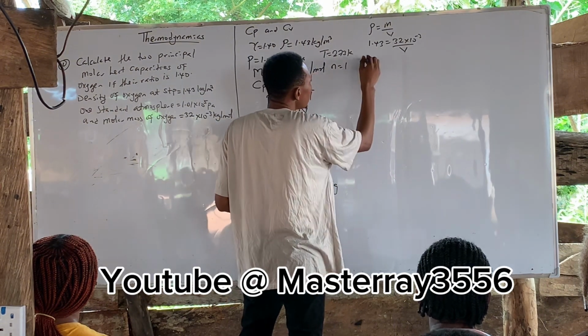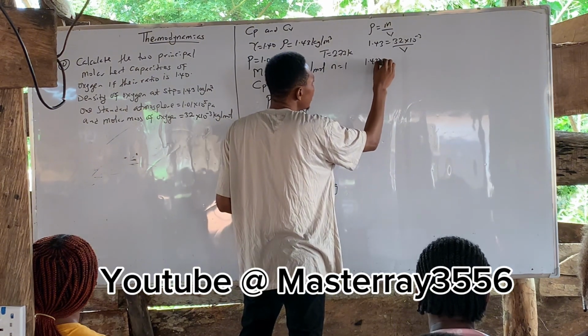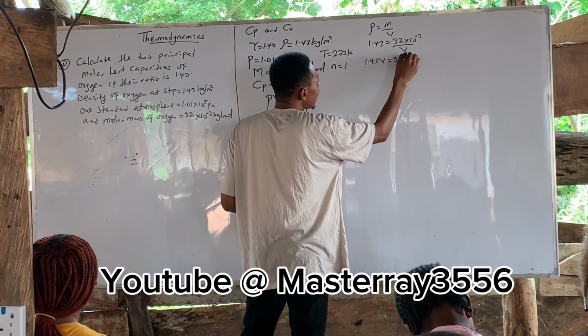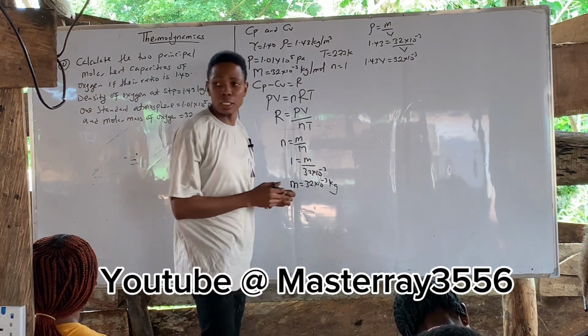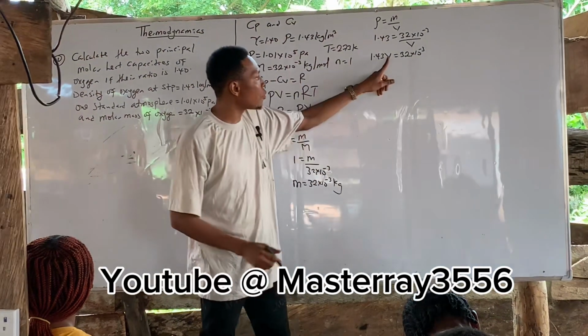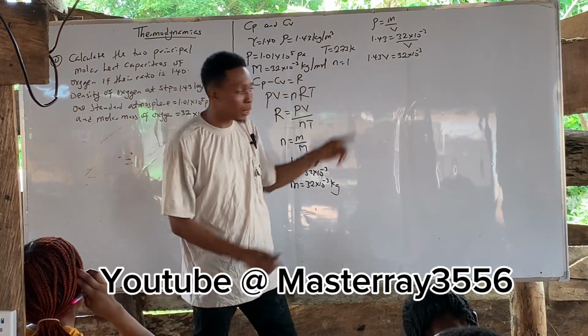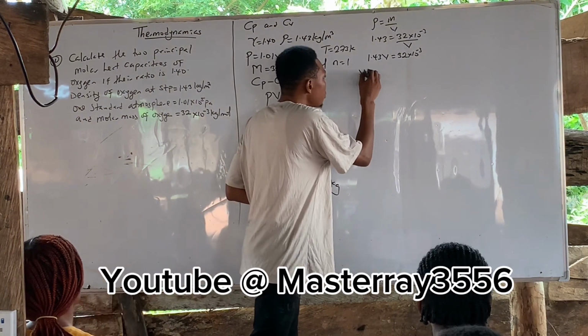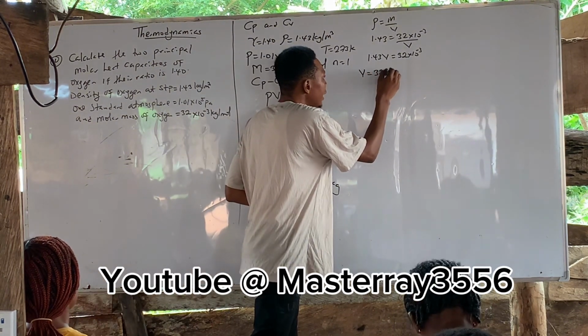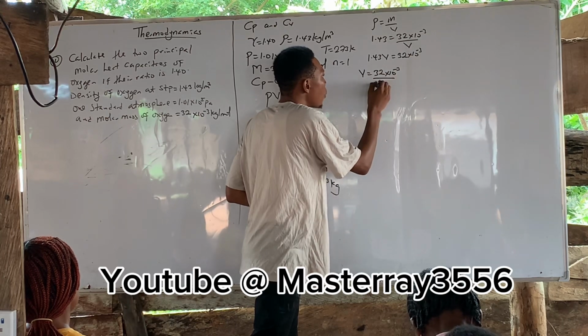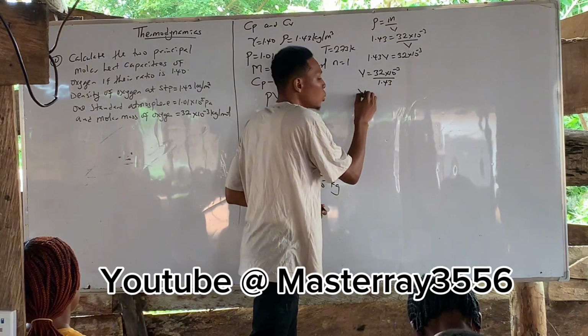Cross multiply. So it becomes 1.43 V equals 32 times 10 raised to power minus 3. Is it not? Yes. All right. To get our V, what do we do? Divide both sides by 1.43. So from there, our V will be equal to 32 times 10 raised to power minus 3 divided by 1.43. So what's V?